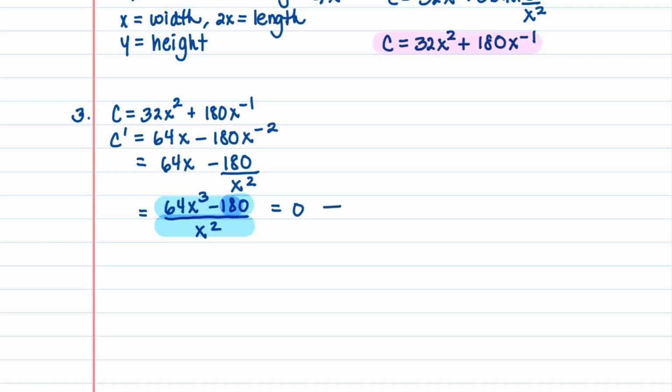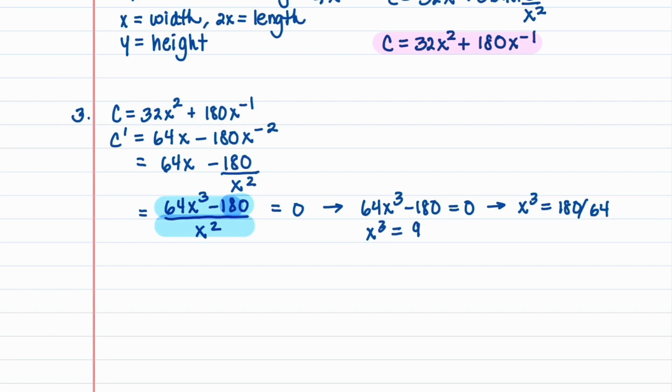So we just have that 64x cubed minus 180 is equal to 0. So this gives us x cubed is 180 divided by 64. Let's see how we can simplify this. Let's divide both the top and bottom by 2.